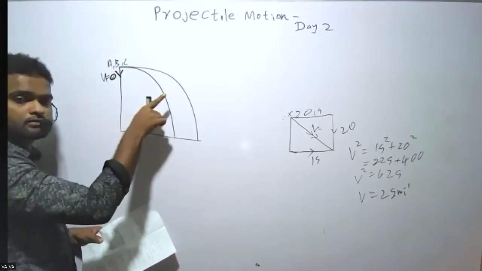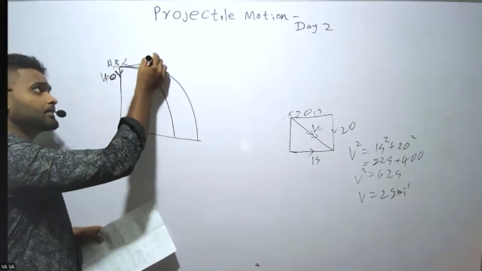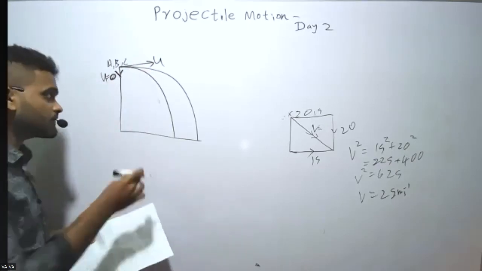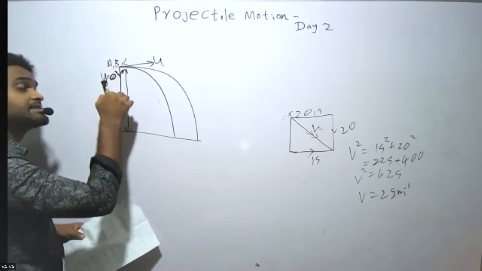All the velocities are horizontal for B and C. So the vertical component is 0, and they are at the same height.